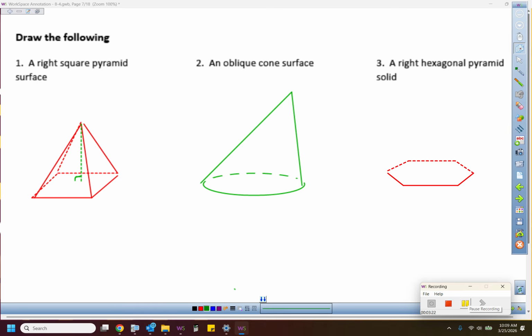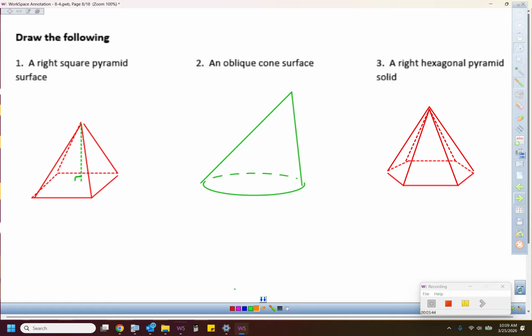So there's my hexagon. Since he is right, I'm going to go to the center of the base and slide straight up and connect with a straight edge from all 6 of these vertices. Boom, boom, boom, boom, boom, boom. And the back 2 are dashed. Then we need to make him right.